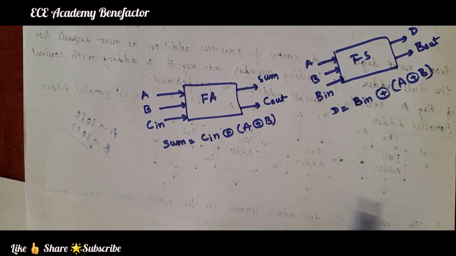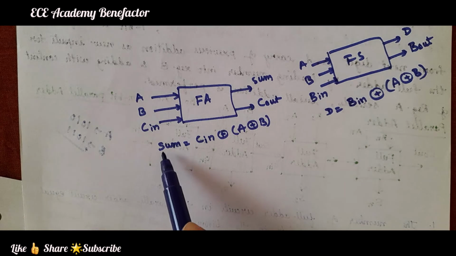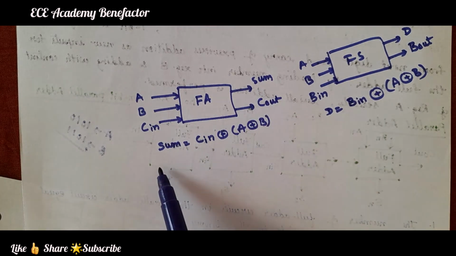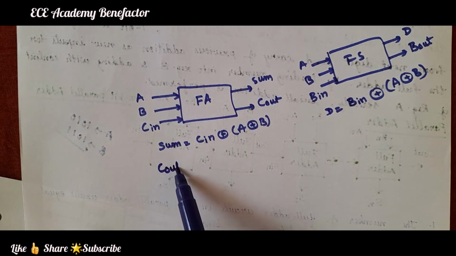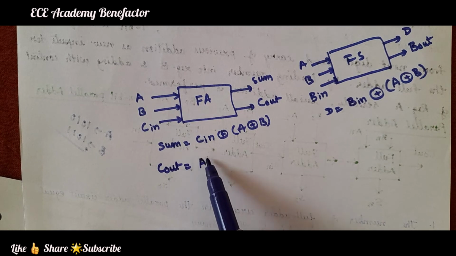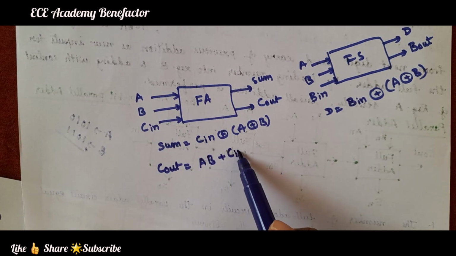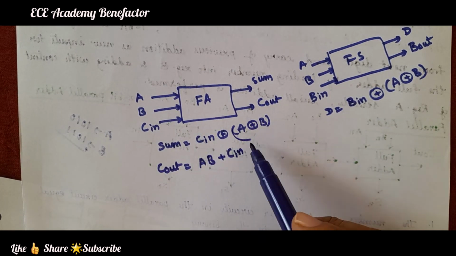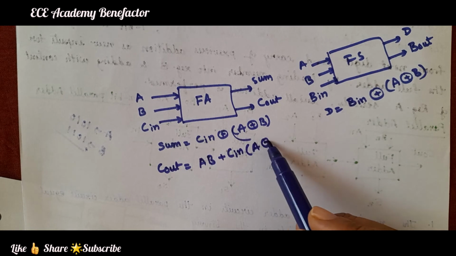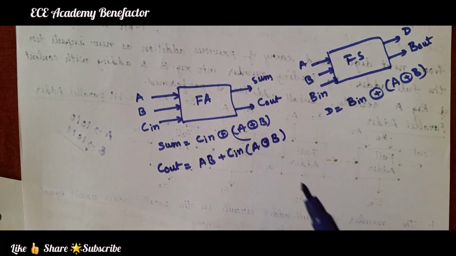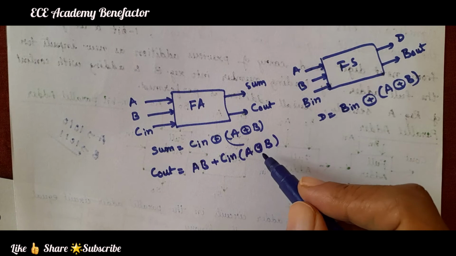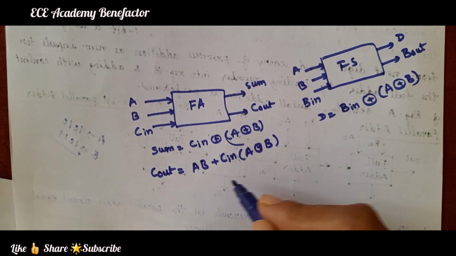So, these two equations are easy to remember, yes or no? And then the carry out, C out, is equal to the first two given to an AND gate plus the third input multiplied with this XOR, A XOR B.